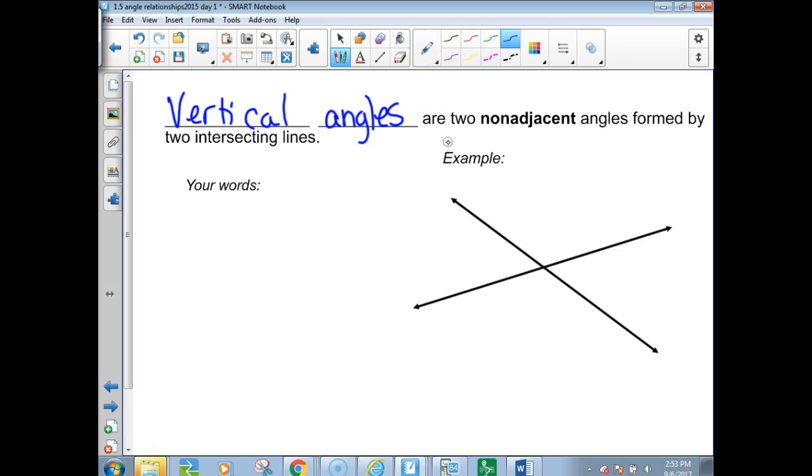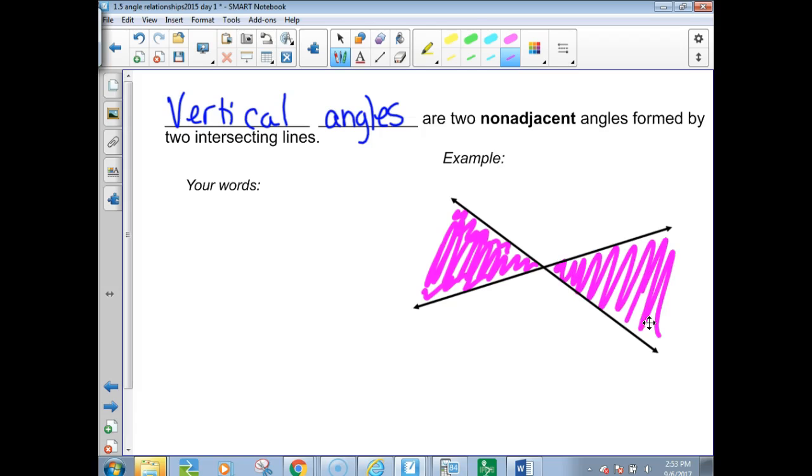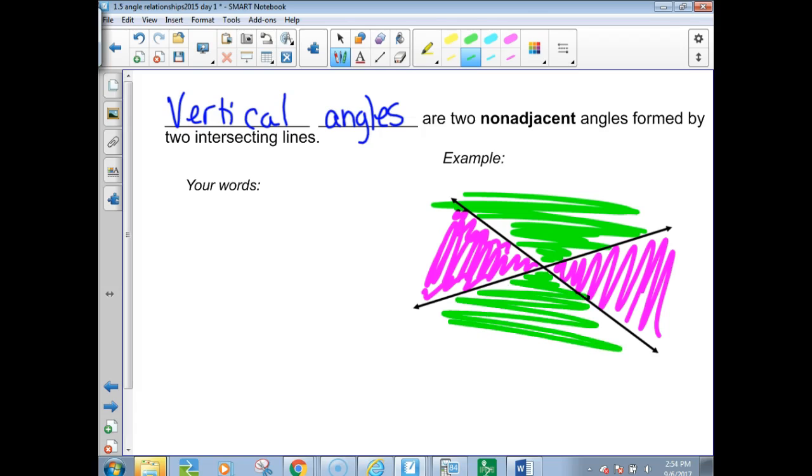Okay, the interior of this angle is the same size as this one. And likewise, this angle is the same size as this one.